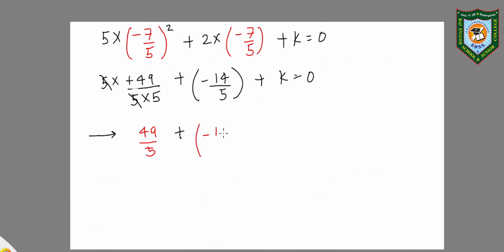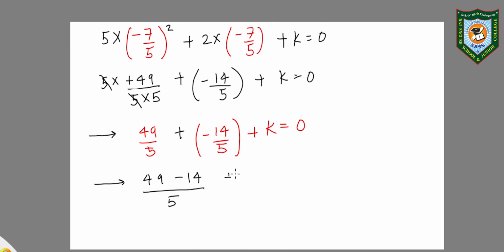So this is minus 14 by 5 plus k is equals to 0, and then in the next step we get 49 by 5. Now plus minus becomes minus, so 49 minus 14, and we have common denominator, so I can write this denominator here as 5 plus k is equals to 0. So 49 minus 14 is 35. 35 by 5.